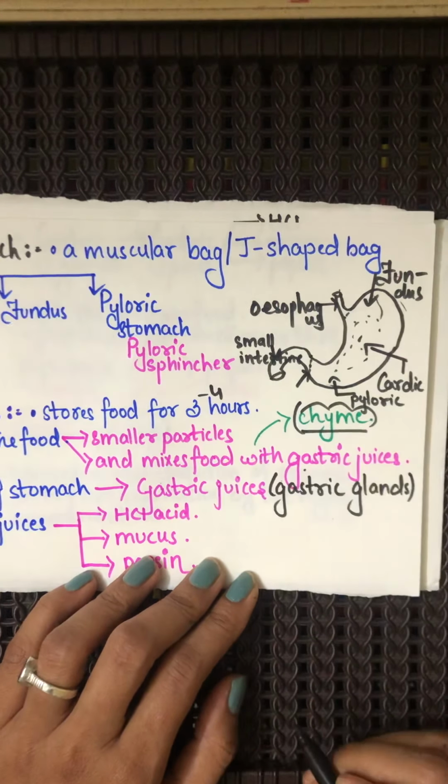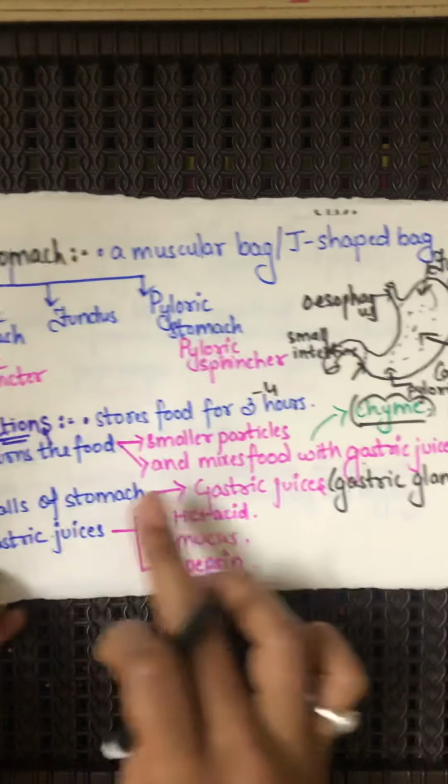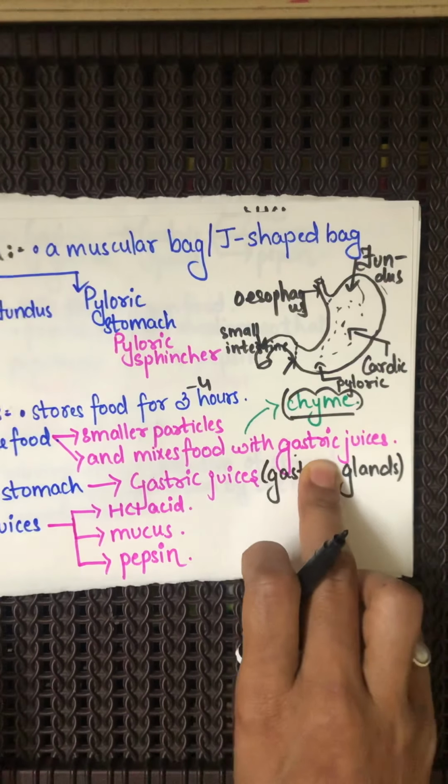Fine. So this is just for information. So what is the stomach? It is a muscular, J-shaped bag. It is further divided into 3 different parts: the cardiac stomach, the fundus and the pyloric stomach. And what are the basic functions? It stores the food for 3 to 4 hours. It mixes the food, it breaks down the food, and it mixes the food with various gastric juices.